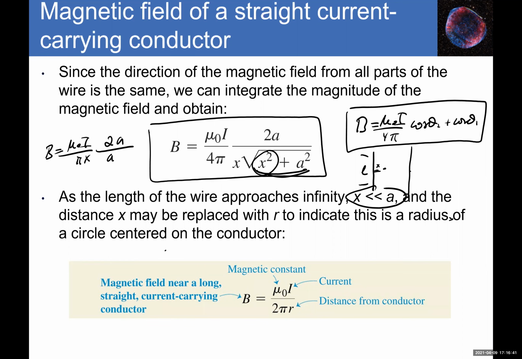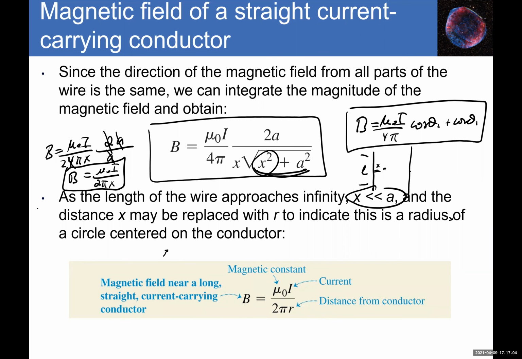Sorry, this was 4 pi over there. Okay, so 2a over a, and the a's cancel out, so you have mu naught I times 2 over 2 pi x. Here the 2's cancel out, so the magnetic field is equal to mu naught I over 2 pi x. That means the point of interest is on the x-axis.